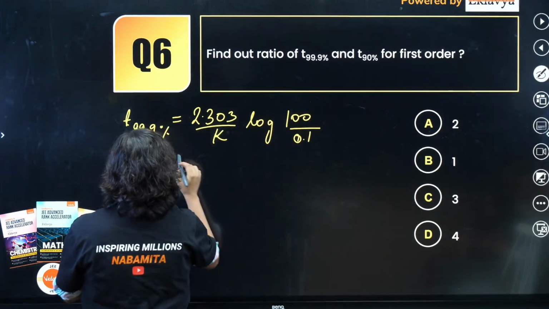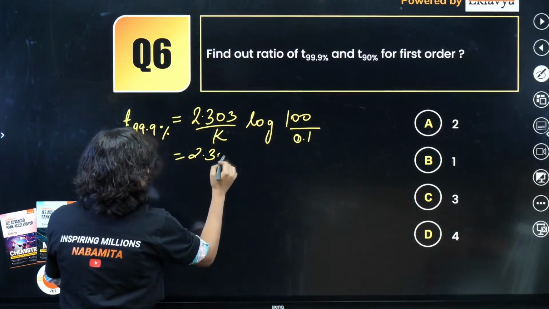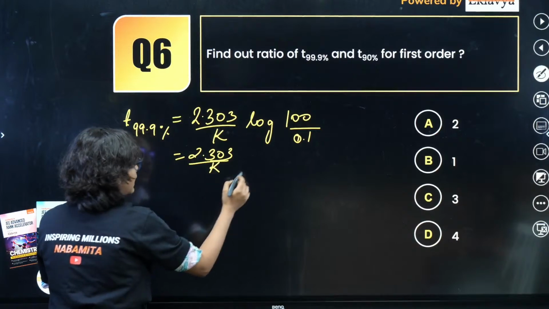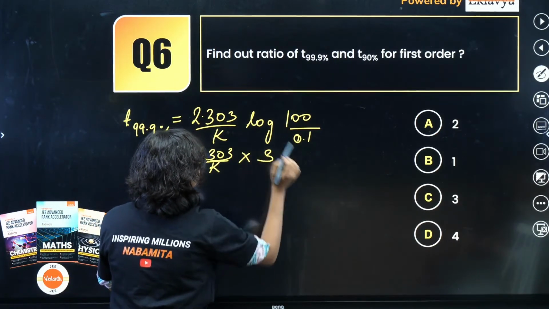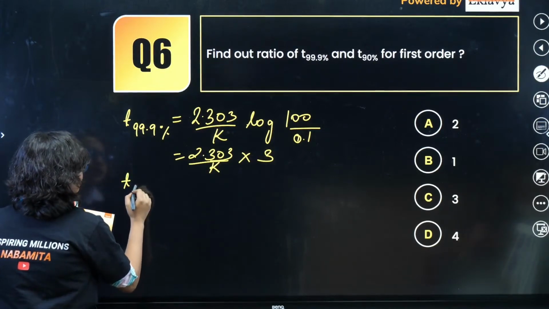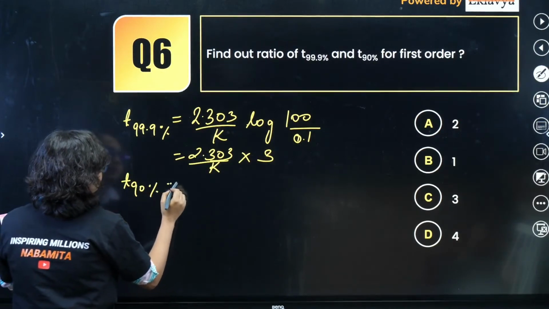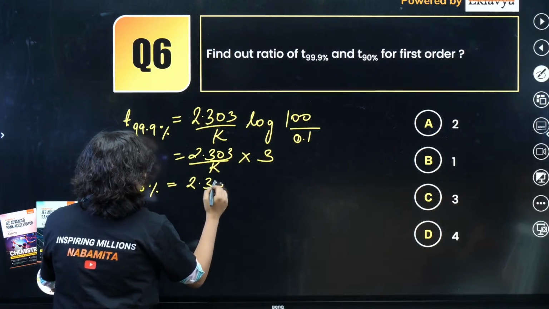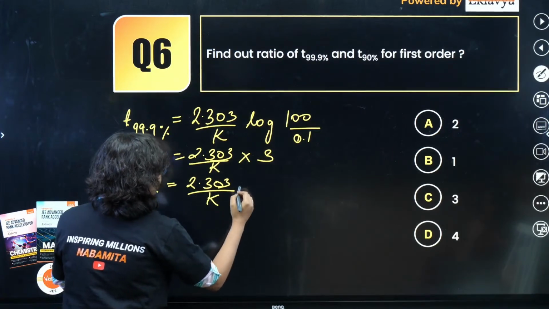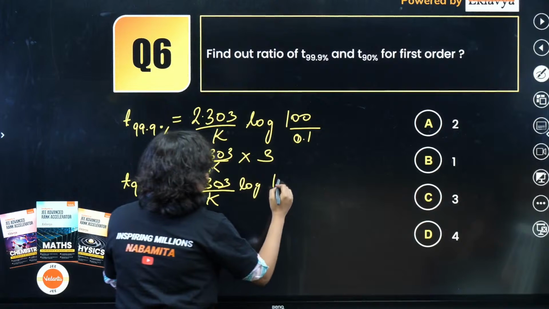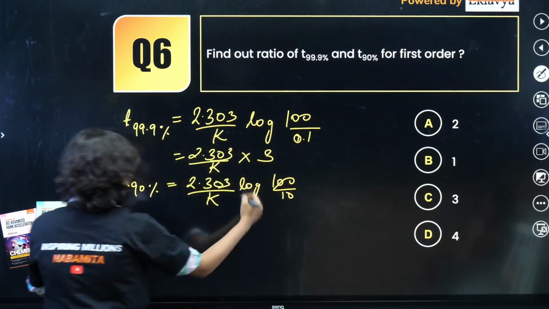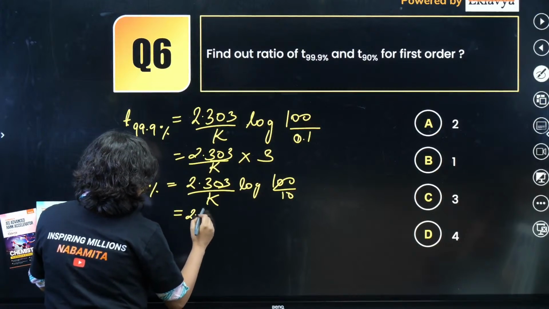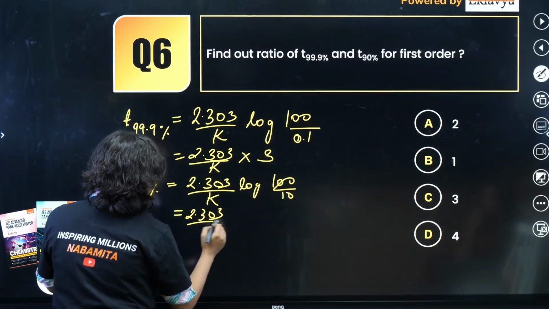So you will be getting 2.303 divided by K and log of 100 divided by 0.1, that will be 3. Similarly, if we calculate it for 90%, we will be getting 2.303 divided by K, log 100 divided by 100 minus 90, which is 10, and this is equal to 1. So 2.303 divided by K.